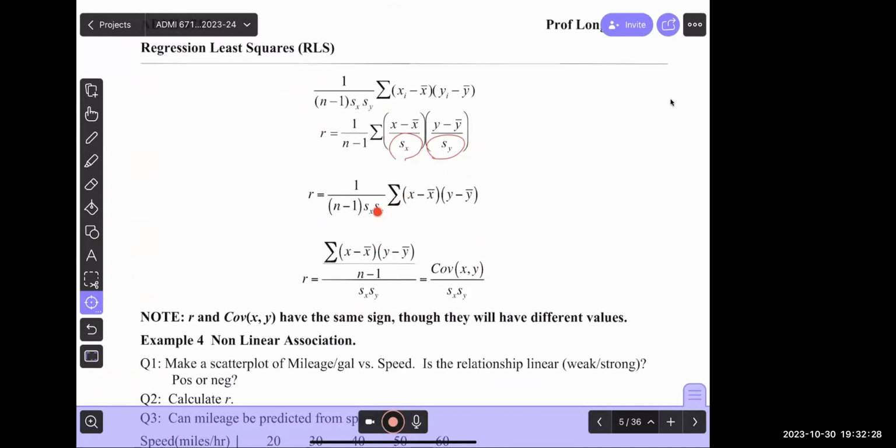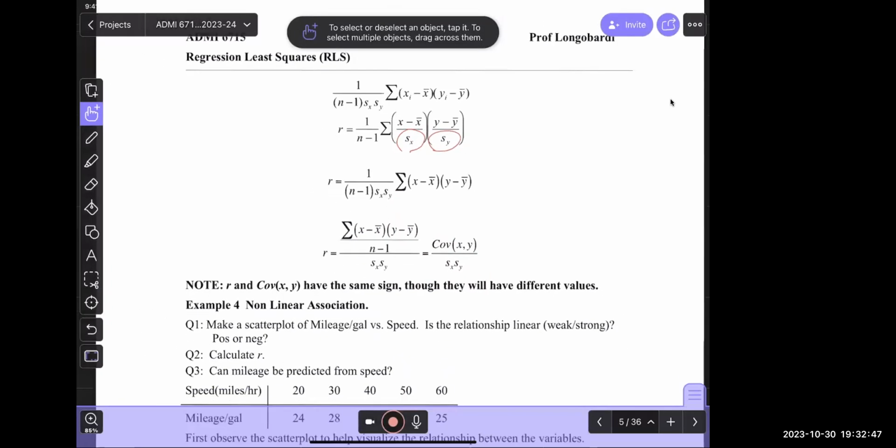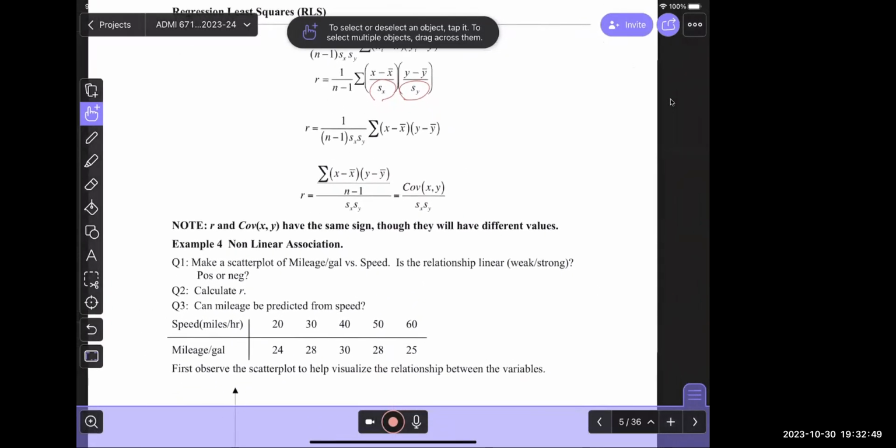So I take it out in front, and I could just calculate the covariance, which doesn't standardize. It just uses the deviations from the mean and get the same R. So these variations of the formula are important because you're going to see similar variations in what I do later.